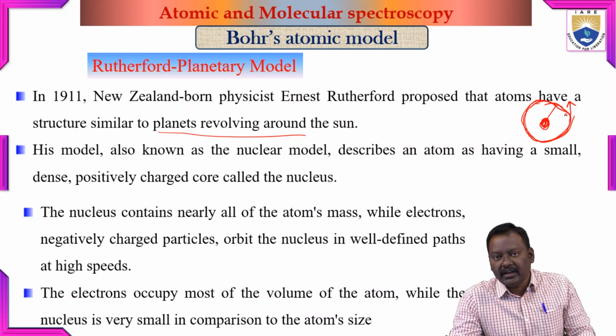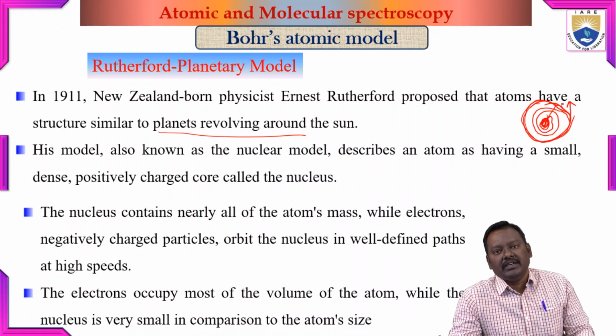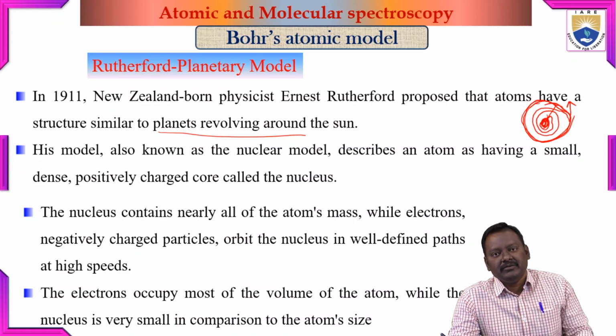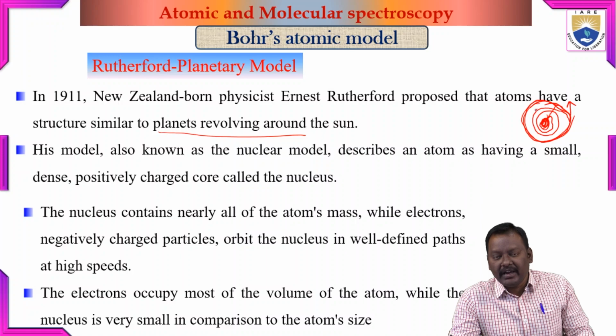If it is emitting radiation, it must come closer to the nucleus, and after some time it must fall into the nucleus, having lost its energy. That means there would be no existence of the atom after some time. So this model could not explain this phenomenon, or why the electrons revolve only in particular orbits.